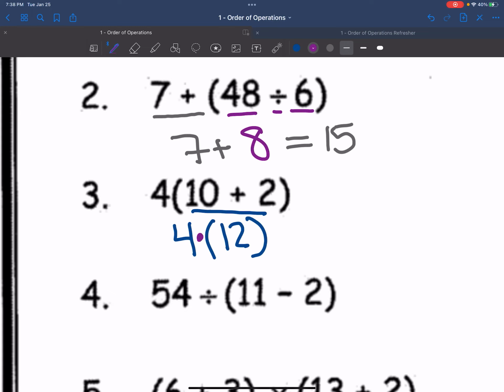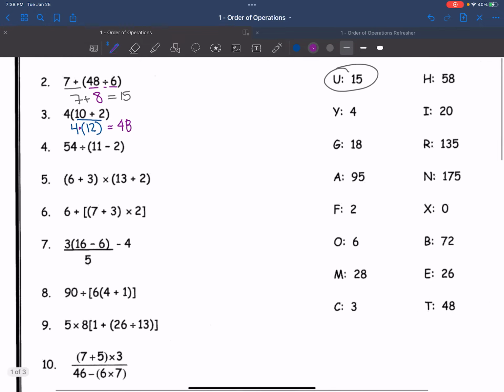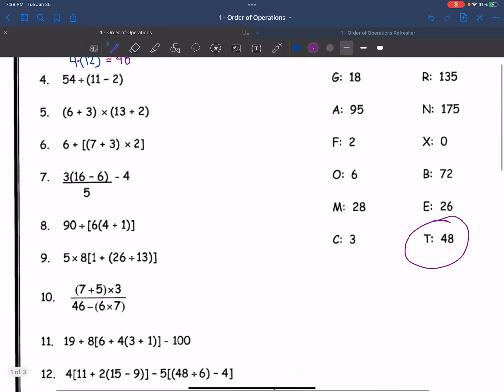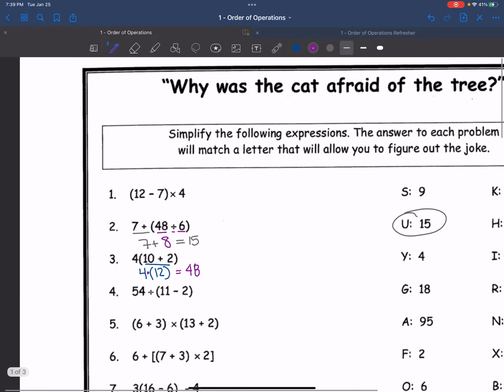So because that number 4 is right up next to the parentheses, this is saying 4 times 12. And 4 times 12 gives us 48. Okay, so that parentheses thing that I was talking about, how the number is right up next to the parentheses, that is super important, like for the rest of this semester.